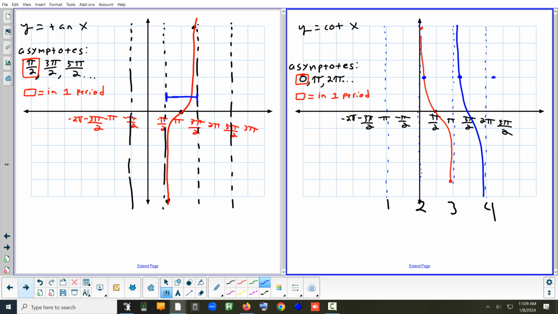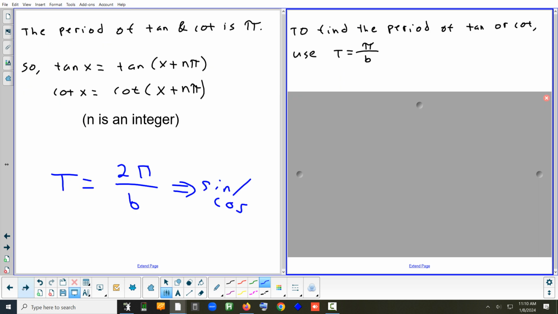For cotangent, the first asymptote is at 0, and they repeat every 180 in both directions. If you can remember that, then you can figure out where they're going to shift to if you do a horizontal shift or period change.